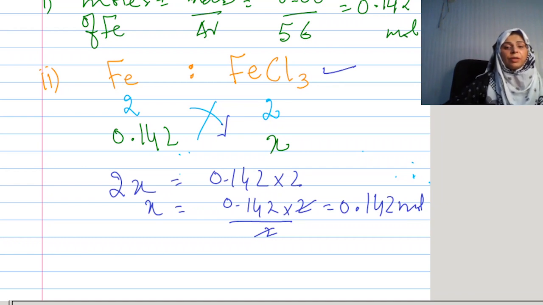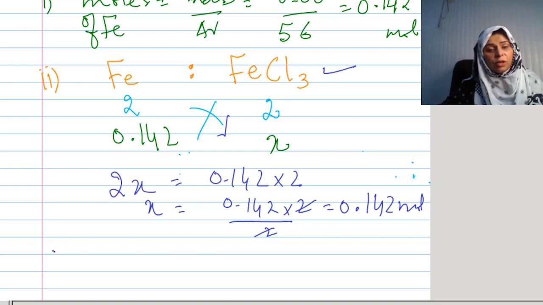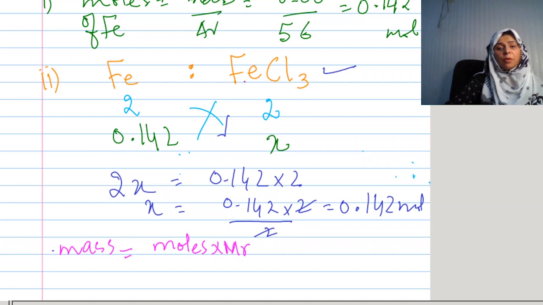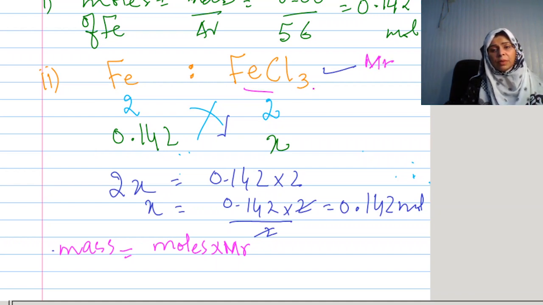So we have to get the mass of FeCl3. In order to calculate the mass, we have to write mass is equal to moles into Mr. So now we have to calculate the Mr of FeCl3. Fe is 56 plus 35.5 multiplied by 3.